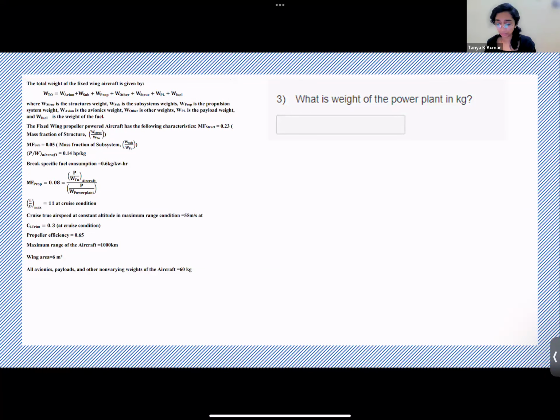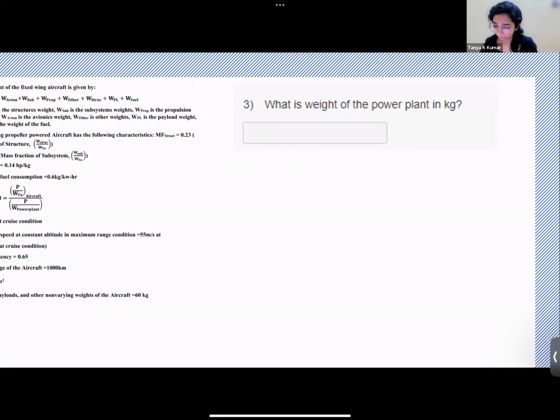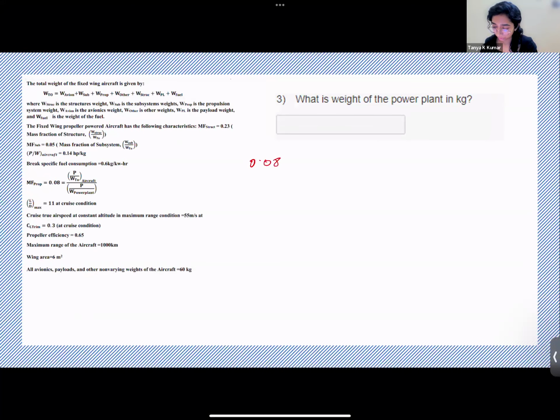Weight of the power plant. So, what is the mass fraction? It was 0.08. Power plant is the propeller here, okay?